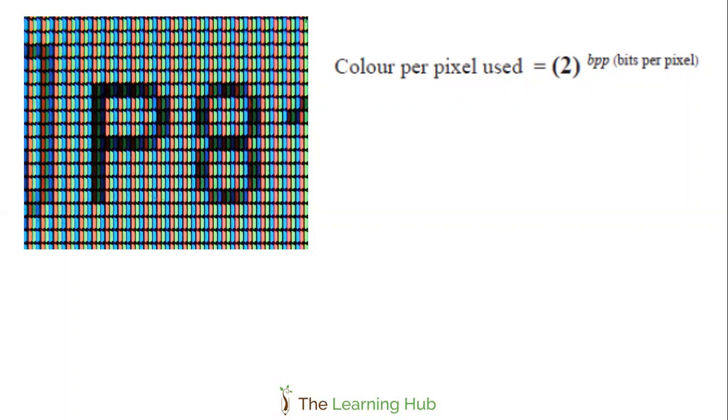All right. And then to calculate how many colors are used per pixel, you need to follow this equation. This question has been asked twice before. So once the question was if it's 10 bits per pixel, then we are going to say 2 to the power 10, that's 1024 colors will be used.